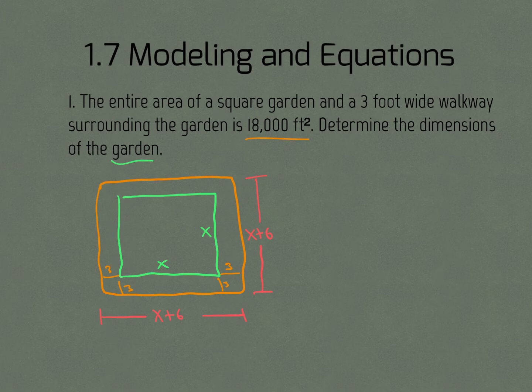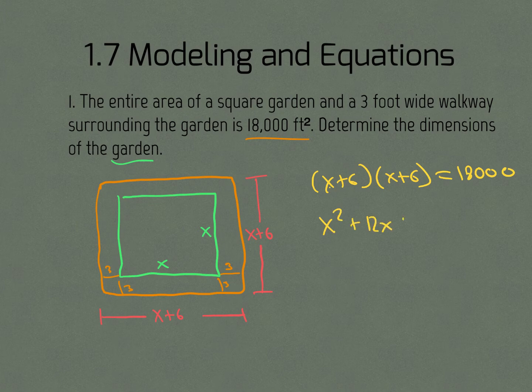And if I know the area of that orangish square there is 18,000, then we have the equation x plus 6 times x plus 6 equals 18,000. This is an equation we need to use our calculators to solve.